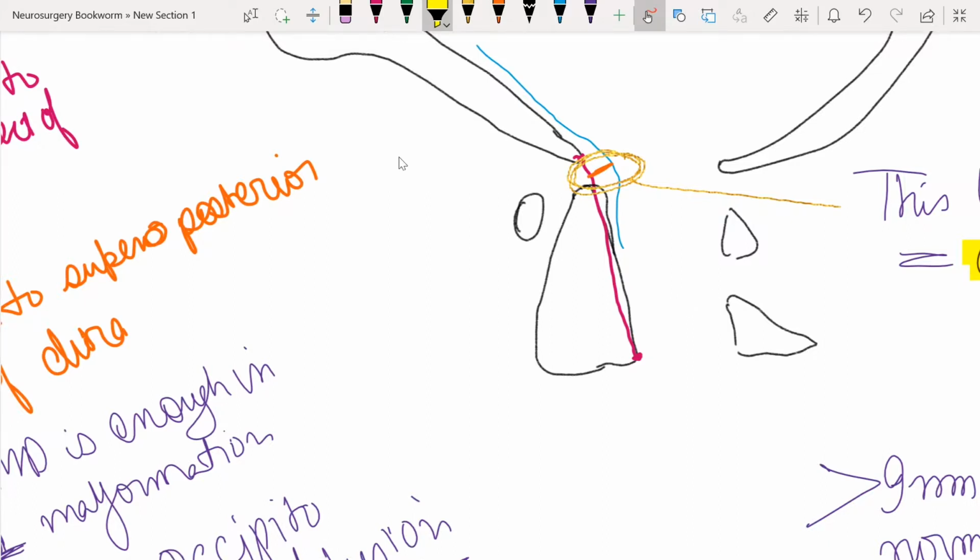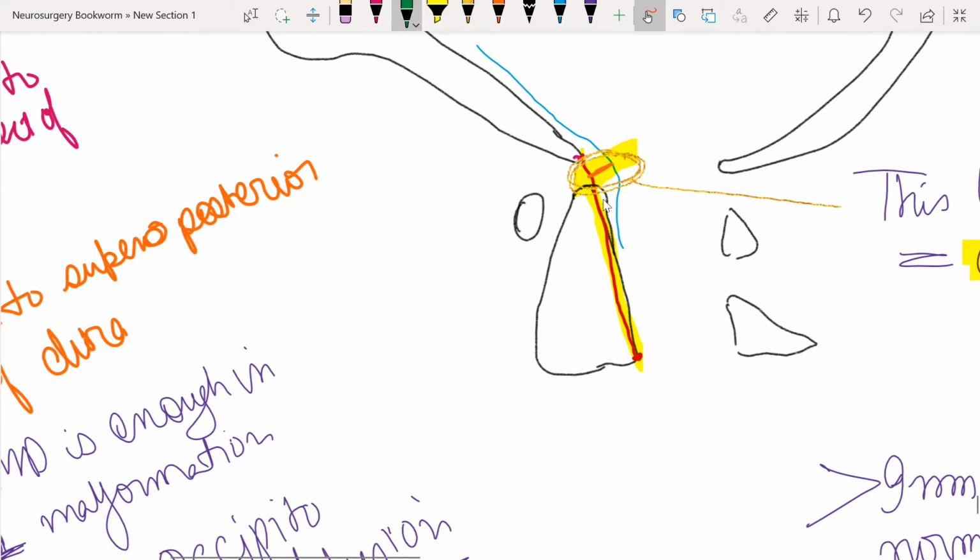We first draw one line from the basion to the posterior inferior aspect of the dens. Then we draw a second line which is perpendicular to the first line, and it meets the anterior margin of the dura.